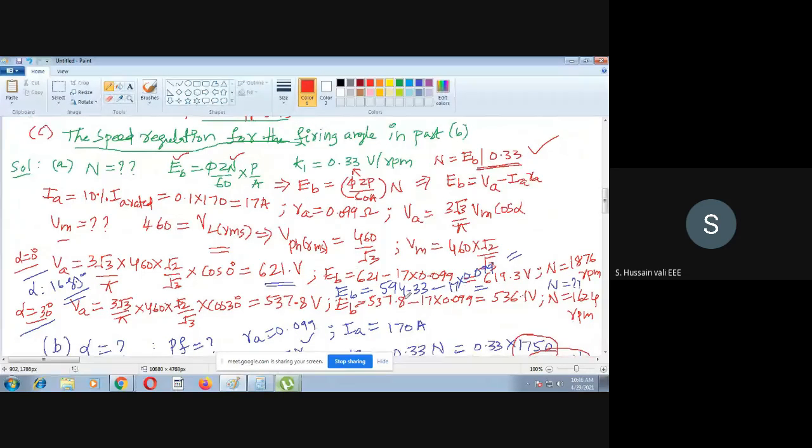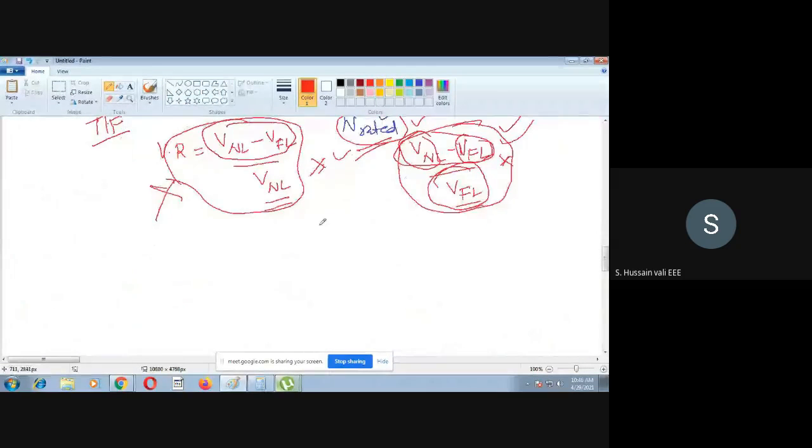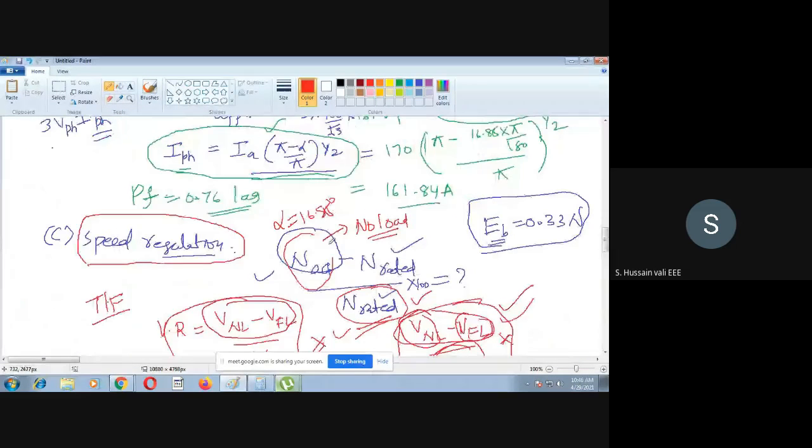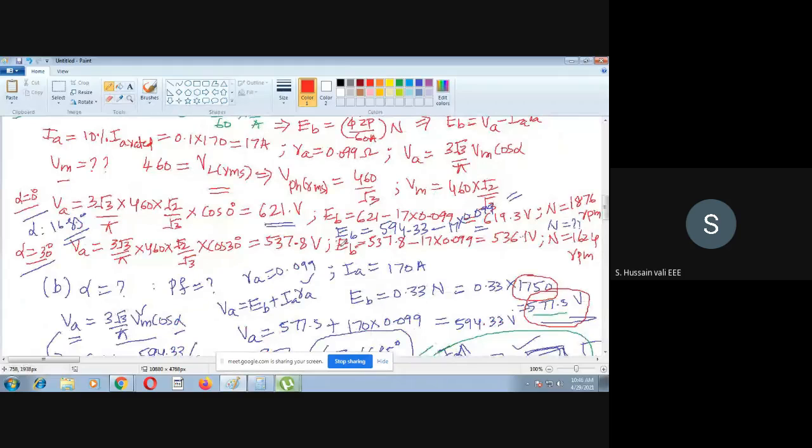So that is the reason: 594.33 minus, you will take 17, not 170. Why you take 17 here is that you have to find out the speed at no load. Then only it is called voltage regulation. Otherwise, you cannot call that voltage regulation. So you understood now? Yes, sir.